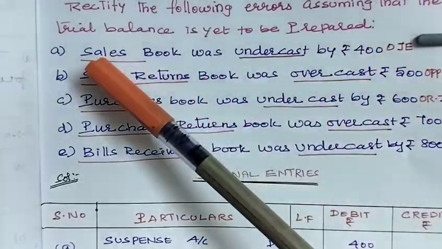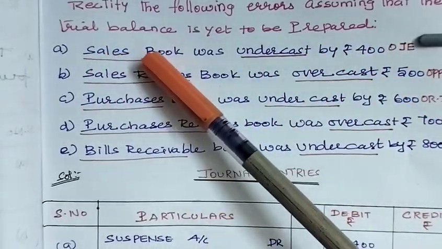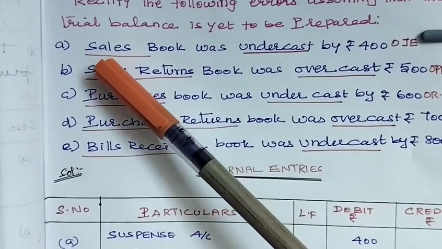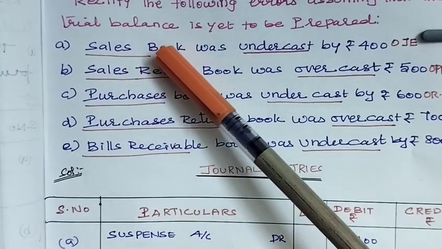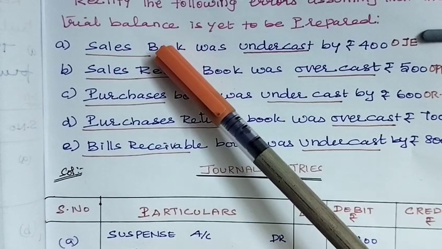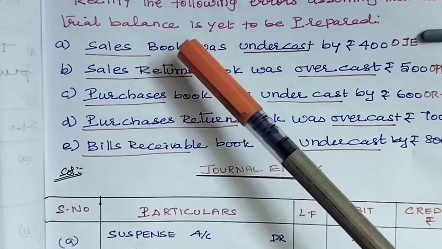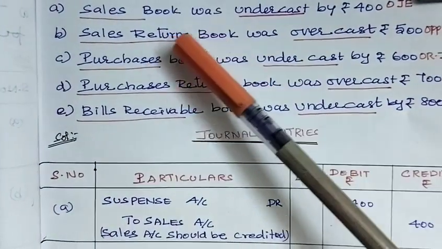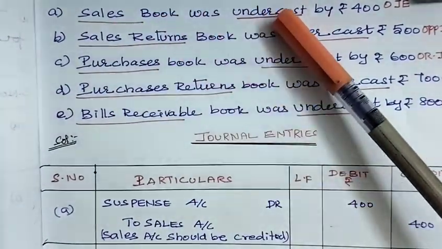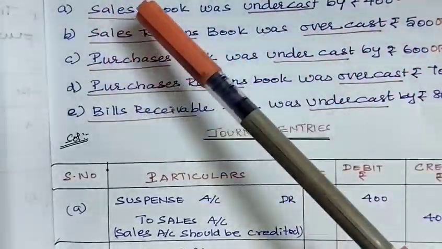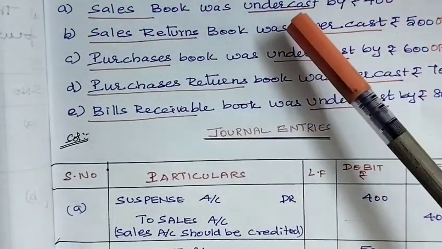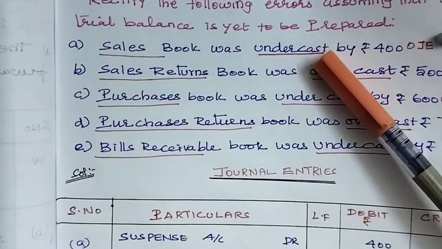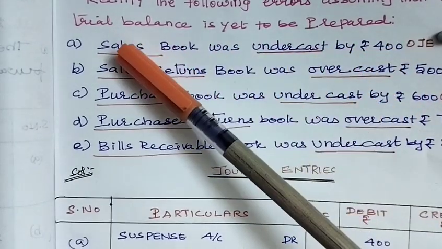What is the original journal entry for the sales account? Sales account will be credited. The sales book was undercast by 400, which means the sales book shows a 400 rupees shortage.